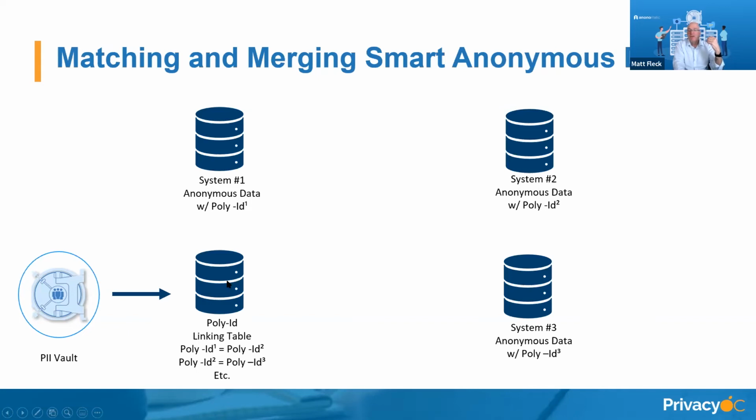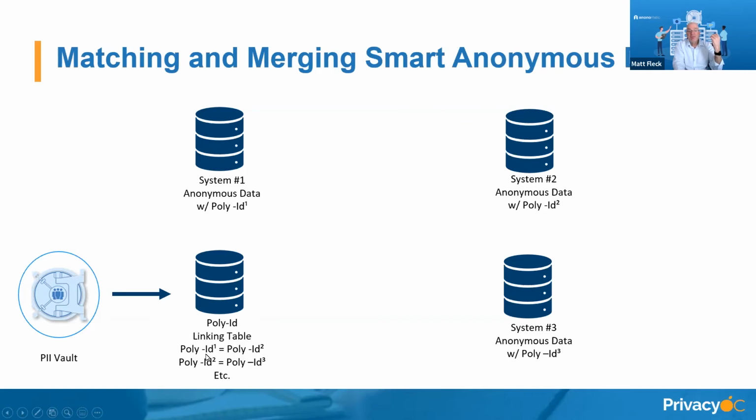Plus, this is also where right to be forgotten comes in. The ability with smart anonymous data is individuals can be tagged as do not allow my data to be matched. So the linking table comes in from the PII vault.